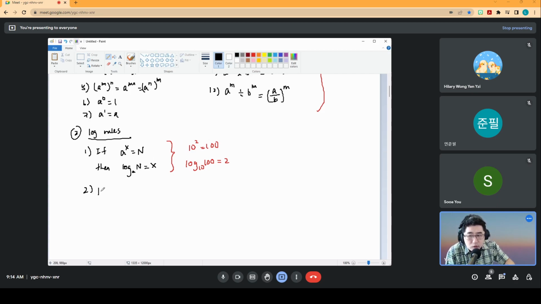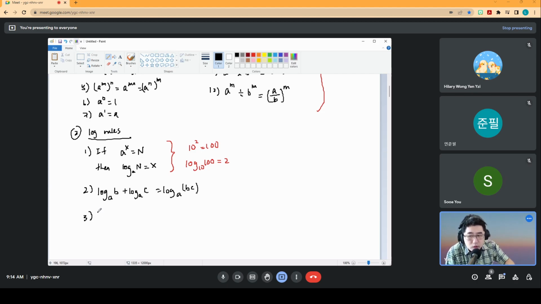Number 2, log a b plus log a c equals log a bc.